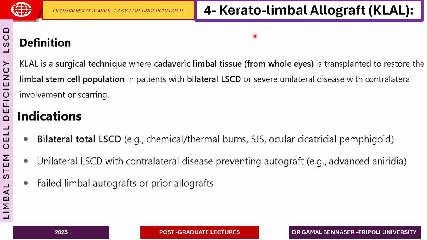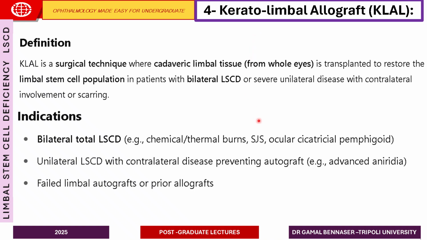When a patient has severe bilateral disease and you don't find any normal limbal stem cells, the only option is to receive donation from the cadaveric cornea. In that situation, we harvest a 360-degree limbus from the cadaveric cornea and transplant it to the recipient eye.